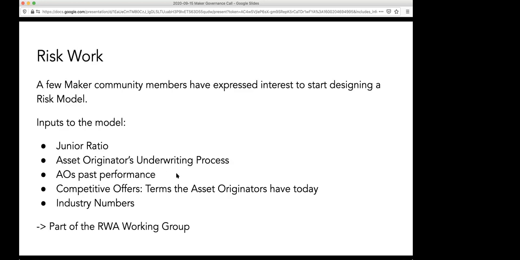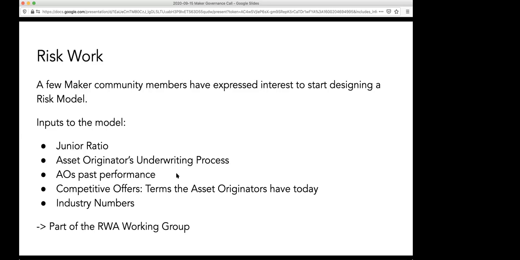The risk work still needs to happen, and that's where we have been working with the asset originators to provide a data package with as much information as we can give to determine what this should be. There are different inputs we're providing. We have the asset originator's underwriting process, so how they make decisions themselves.